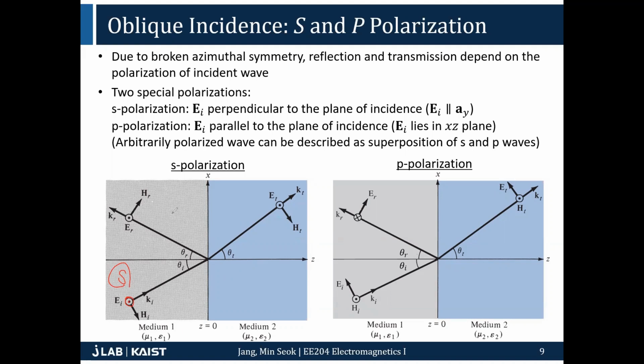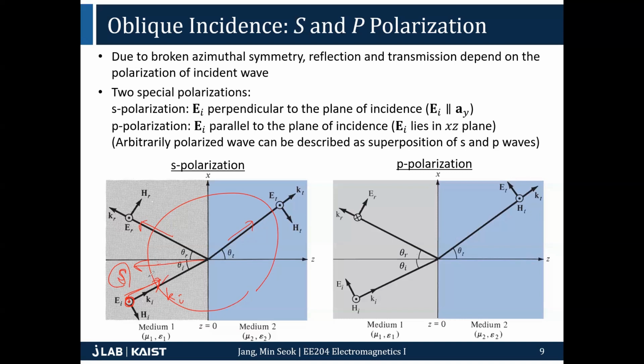The plane of incidence is defined by the incident k vector and the surface normal vector. This plane is basically the screen plane, and you have an incident wave, reflected wave, and transmitted wave.